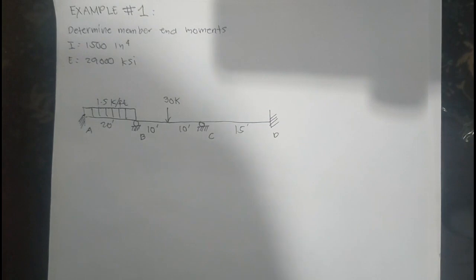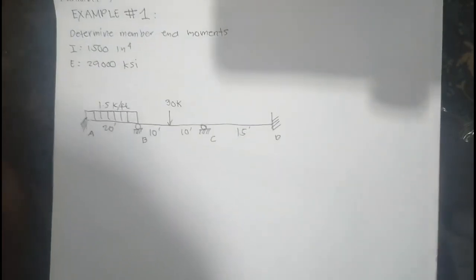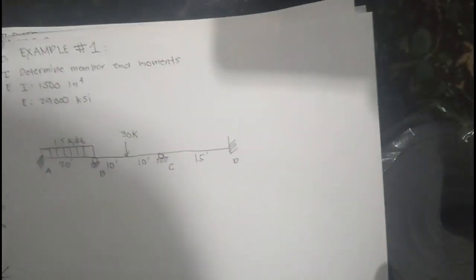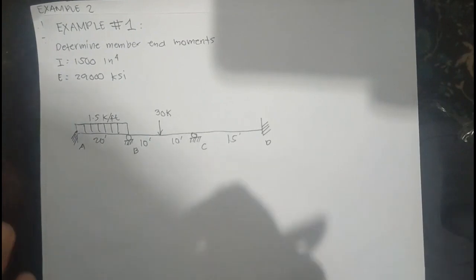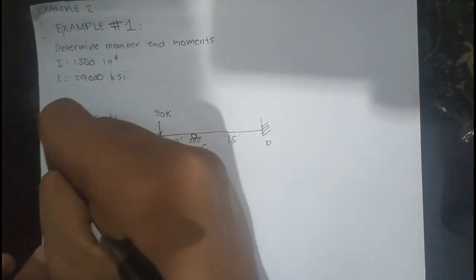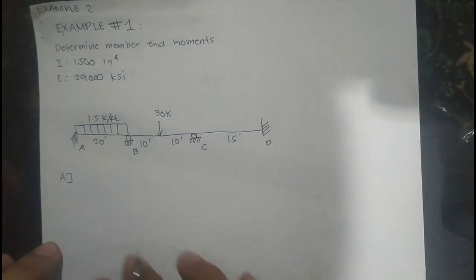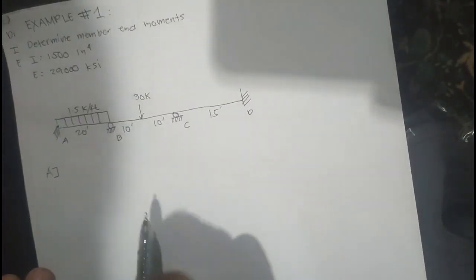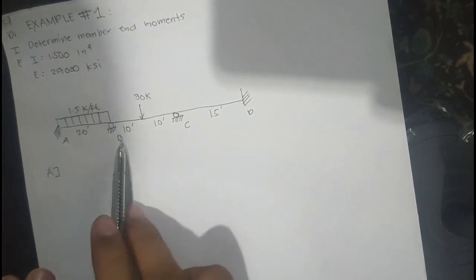The first step we will do is to get the relative stiffness. First we want to get the joint AB.